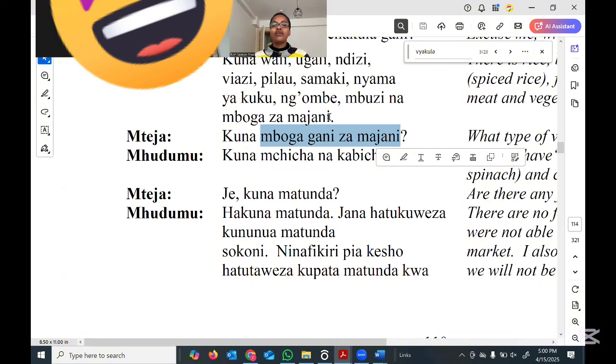And there's the way they cook it. That mboga za majani, there's a way they prepare it. So whatever you're buying, they will definitely add you mboga za majani to balance your diet. So we can say cooked leaves, like any leaves.